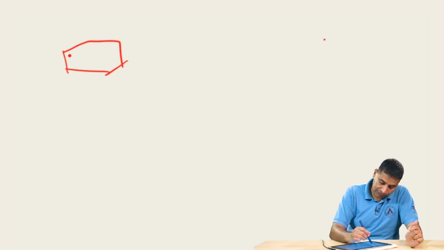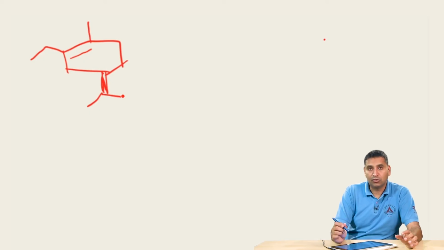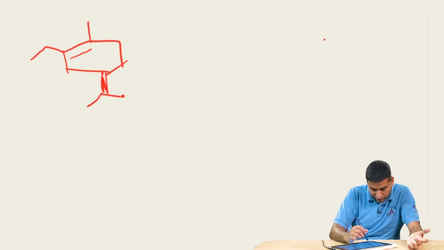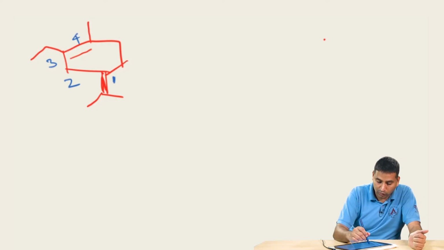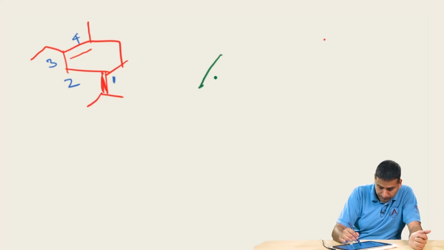In this case, the molecule you are looking at has an olefin, and then there is a methyl, an ethyl, and an isopropyl. First, I will just start numbering it as 1, 2, 3 and 4, and now I would draw it in the chair conformation.